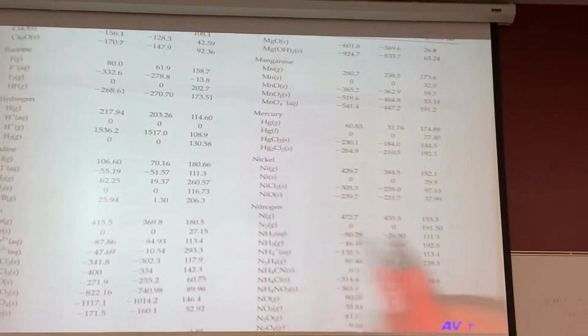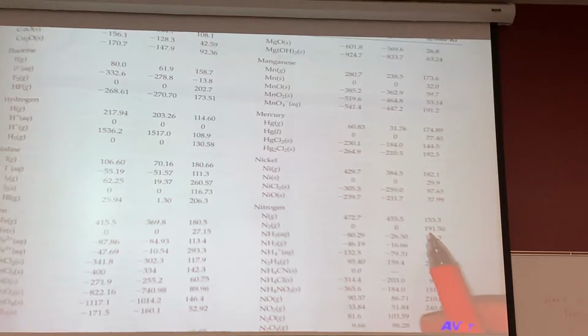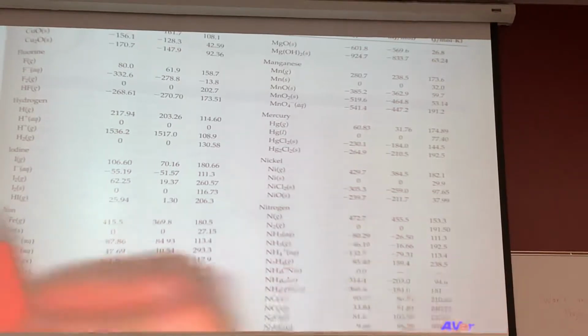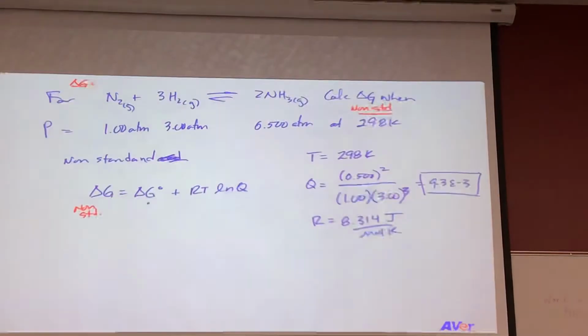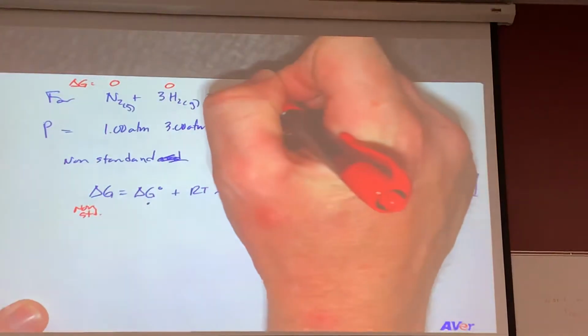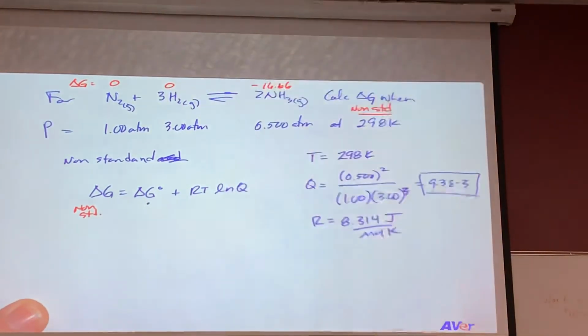Delta H is the first column, delta G is the second column, delta S is the third column. So for your elements, zeros. Hydrogen, here's your hydrogen over here, zeros. You end up with delta G at 0, 0. This one is negative 16.66. Okay.